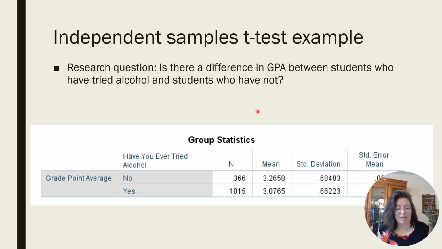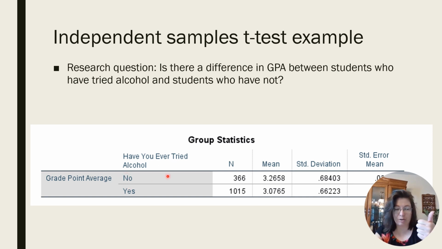And now let's look at an independent samples t-test using our actual data from the Monitoring the Future dataset. So suppose we ask the research question, is there a difference in GPA between students who have tried alcohol and students who have not? What we're going to get from SPSS first is this group statistics output. So just like how for the one samples t-test, the first table showed us the descriptive information for our variable, now it's going to show it to us divided by the two groups.